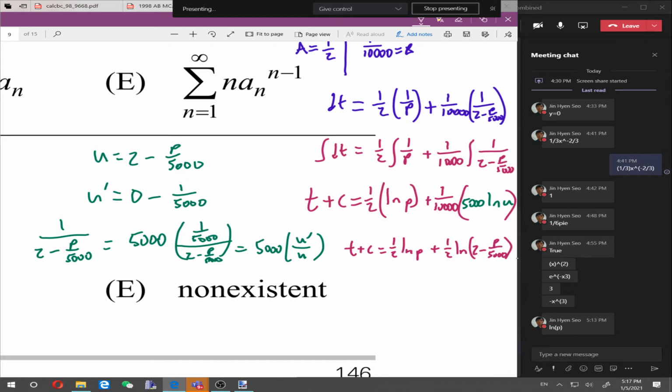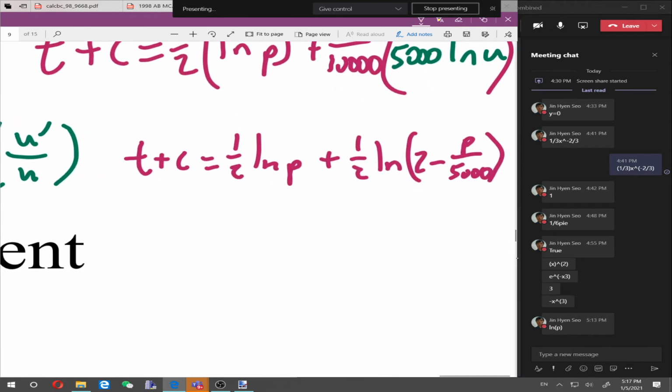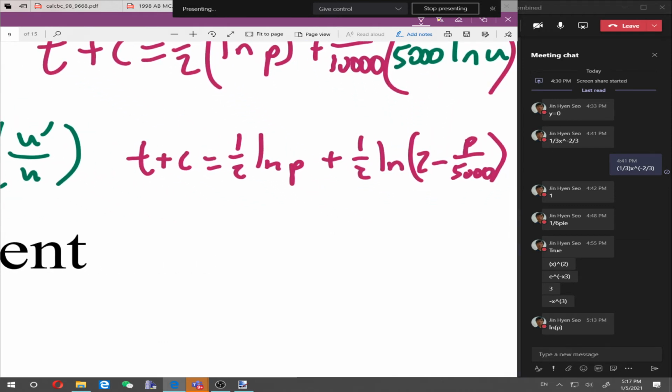So I might wait in order to solve for c. If I'm going to wait to solve for c, then how can I solve for p first? So I want to be able to solve for p in terms of t and c.